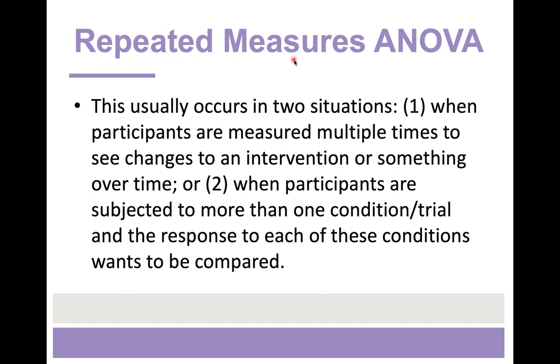Repeated measures. So we use this when we are repeatedly measuring people over time, whether that's a long stretch of time, like a longitudinal analysis, like our developmental psychologists studying vocabulary size, or whether we're simply exposing people to different levels of the independent variable, different conditions and trials sequentially really quickly. We're repeatedly measuring everyone.